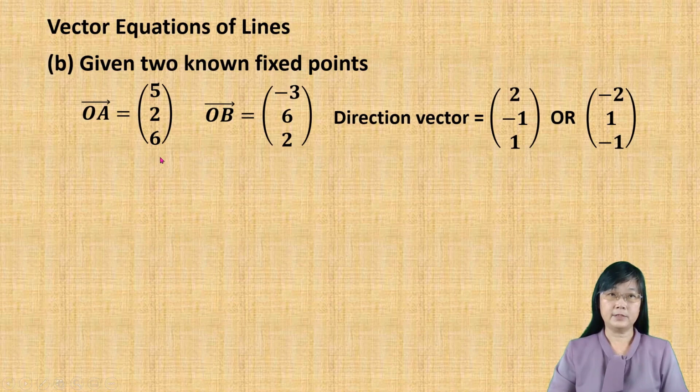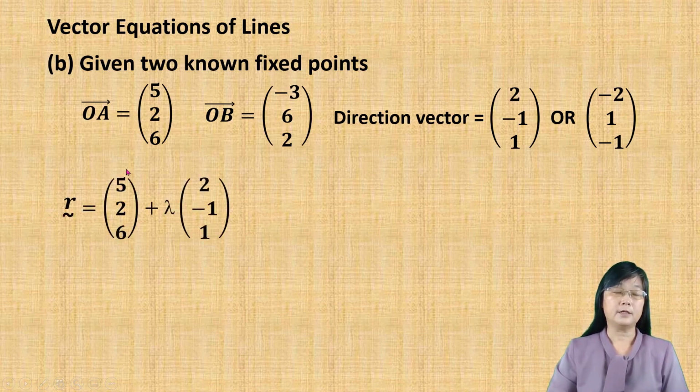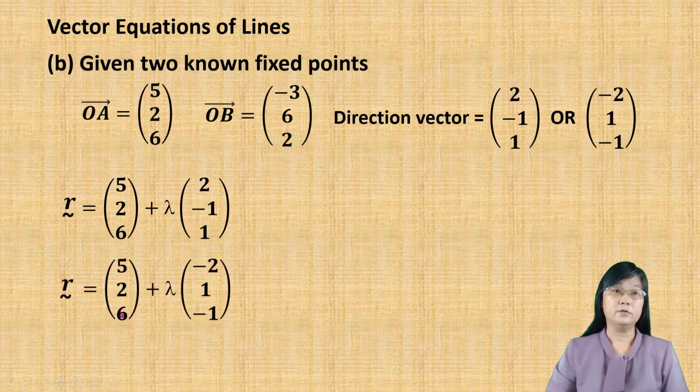Now we have 2 position vectors and 2 direction vectors. So to write the vector equation of the line, we have more than one answer. You can either take the position vector OA with the direction vector 2, negative 1, and 1 to get the vector equation. Or you can use the position vector OA and the direction vector negative 2, 1, and negative 1.